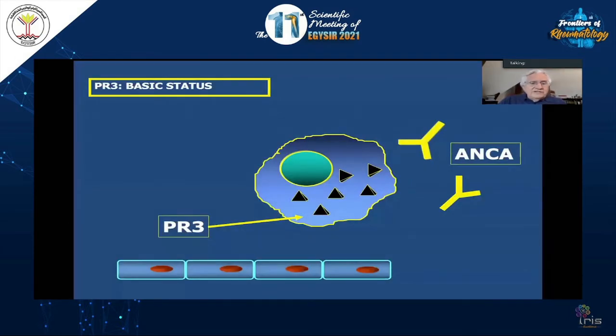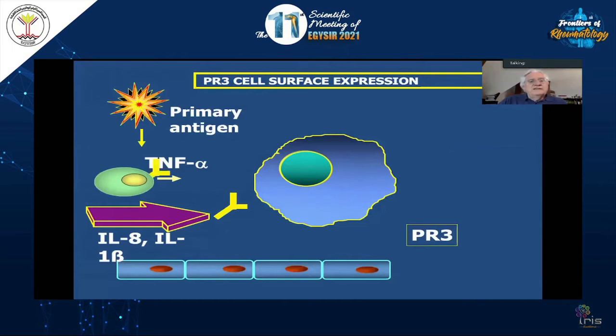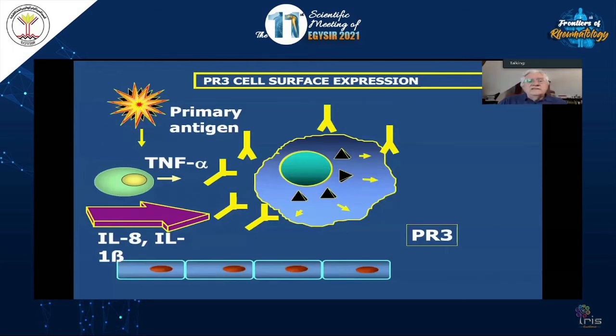The pathogenesis has been described many years ago. The PR3 is present in the polynuclear cells, and with the help of a stimulus, we do not know the primary antigen, but with the intervention of TNF-alpha and some other cytokines, there is an expression of the PR3 at the cell surface.